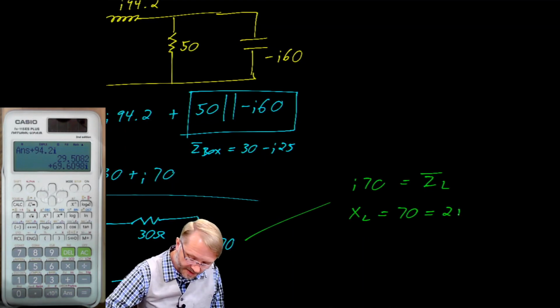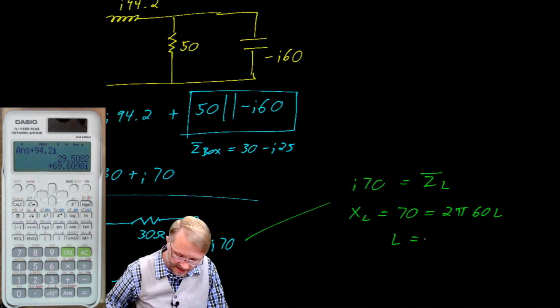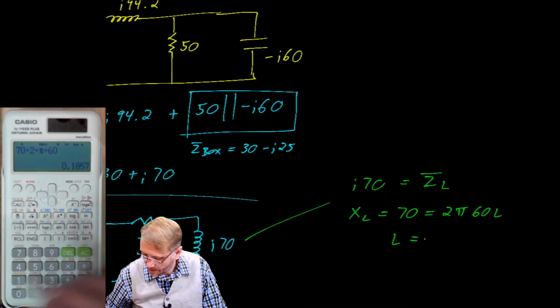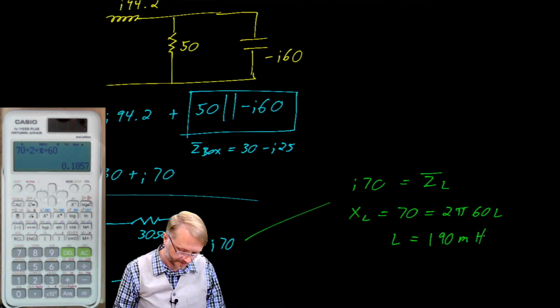We'll assume that our frequency is 60, so now we can find the inductance. So L is equal to 70 divided by 2 divided by pi divided by 60. So our inductance is about 190 millihenries.